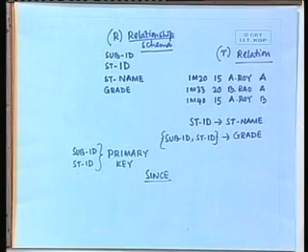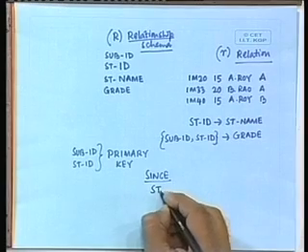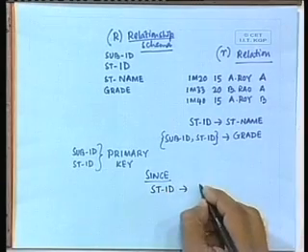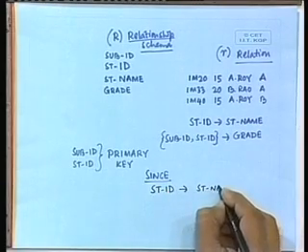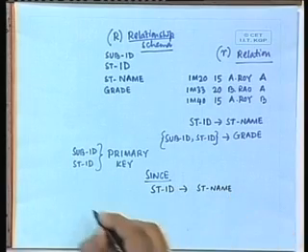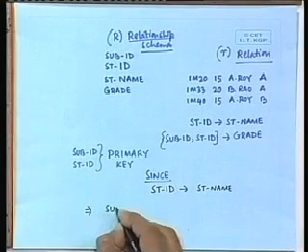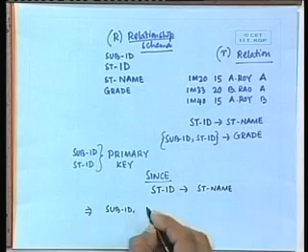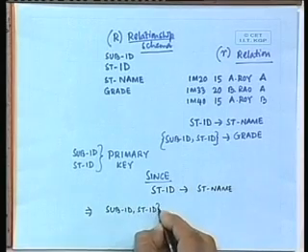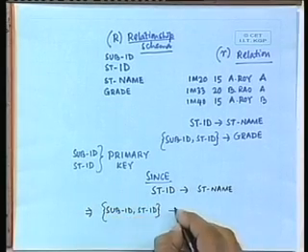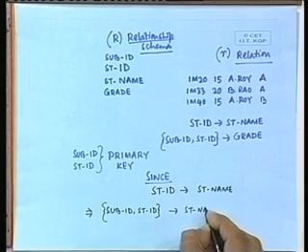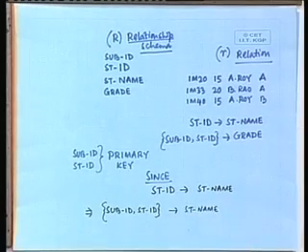So from these fundamental calculations, we can say that this can be derived. Now how to derive this mathematically? There are something called Armstrong's axioms.